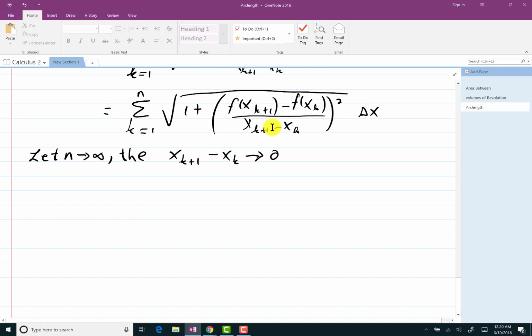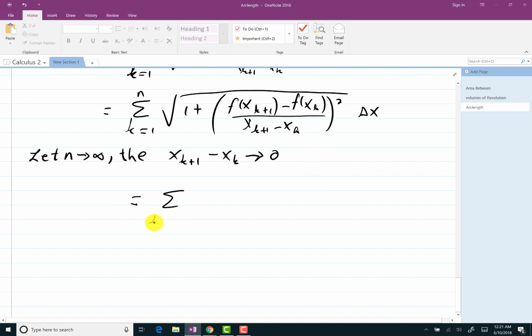If this is going to 0, and this is going to 0. We're talking about differentiable functions here. I don't know if I've ever mentioned it in the whole semester yet, but we're assuming whatever we need to get the job done. In this case, f will be differentiable. So this here, if you can remember, this is the derivative at x sub k. So we're going to get this.